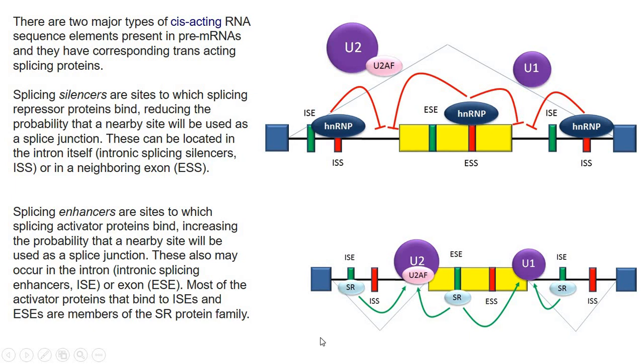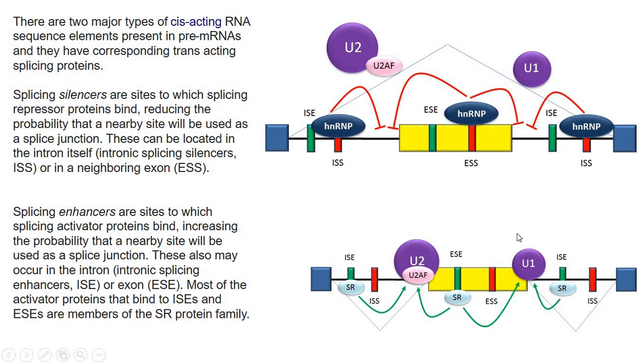Most of these proteins belong to the SR protein family, just like we talked about with these splicing proteins earlier. These SR proteins are serine arginine rich proteins. They bind to these splicing factors. These splicing factors can be inhibitors or enhancers.